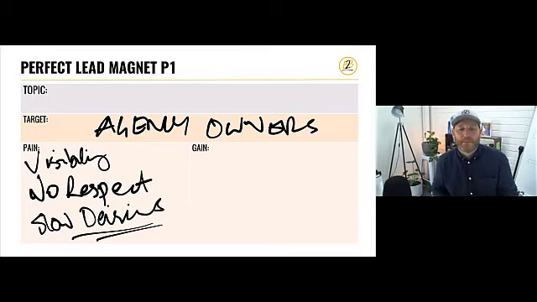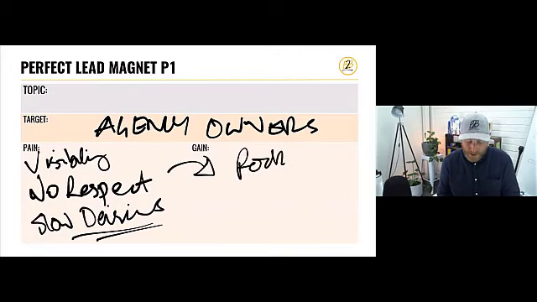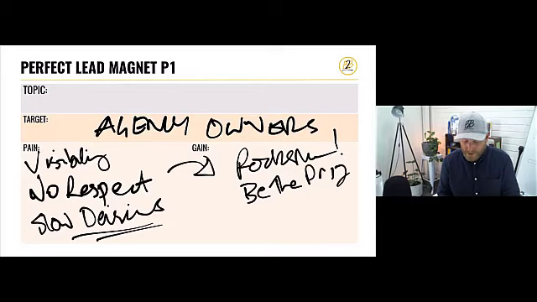There's some pains. Then what we want to do is look at the inverse of those things. And we go, okay, well, that would obviously be rockstar is the opposite of no visibility. No respect is be the prize, where you become known as the go-to person in your industry. Slow decisions. What's the inverse of that?